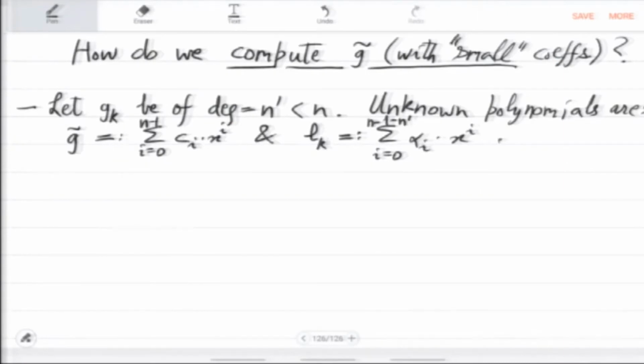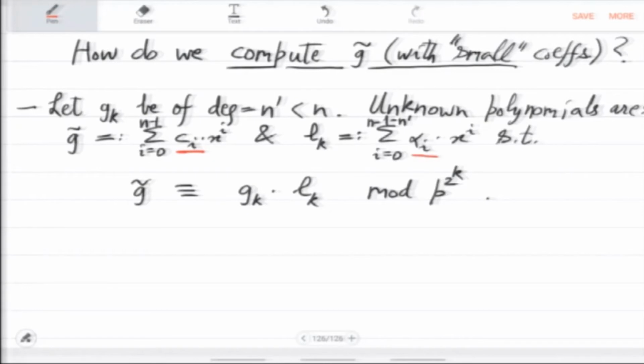Fine. So you have to find these, satisfying the constraint g tilde is congruent to gk times Lk mod p raised to 2 raised to k, and the unknown coefficients are ci and alpha i, and in this equation it's g tilde and Lk, right.